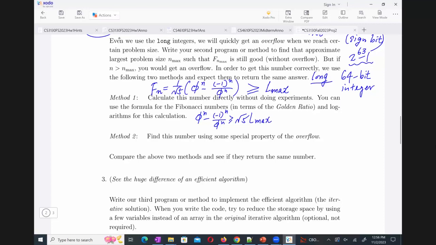Here, one question. When you do computation here, use the double data type.